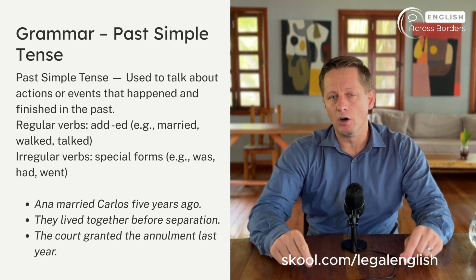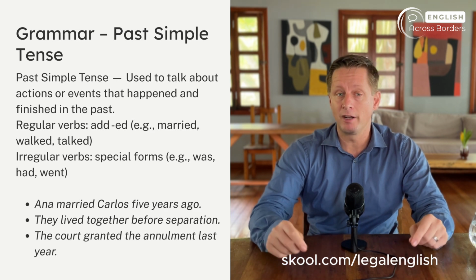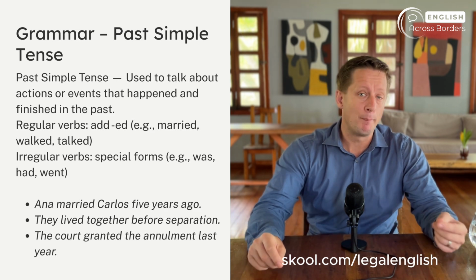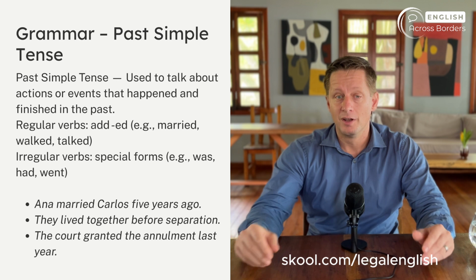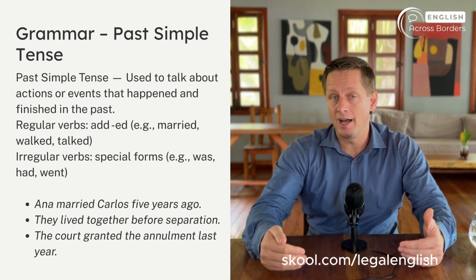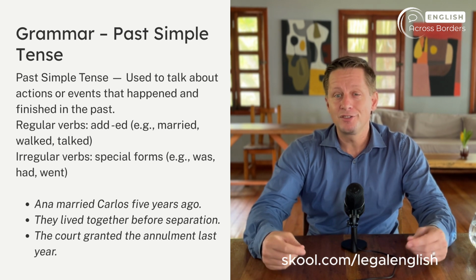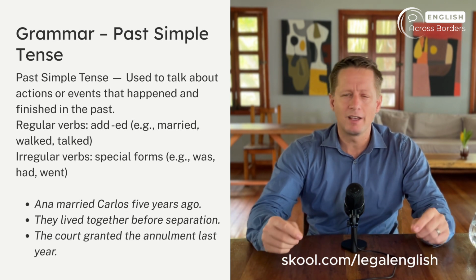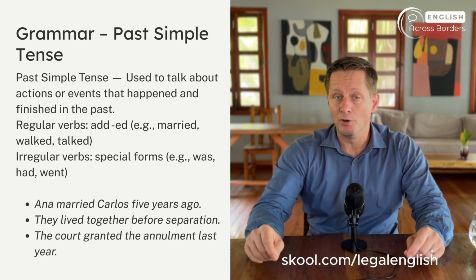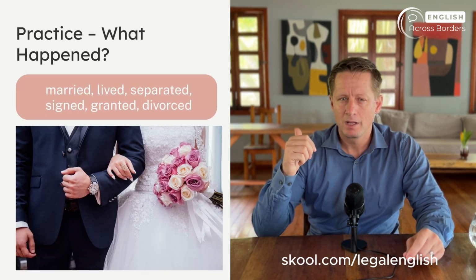In family law, we use the past simple tense a lot to talk about events like weddings, separations, and divorces because these all happen at specific times in the past. We'll practice more soon, but first, get comfortable with this idea. Past simple means finished actions in the past.